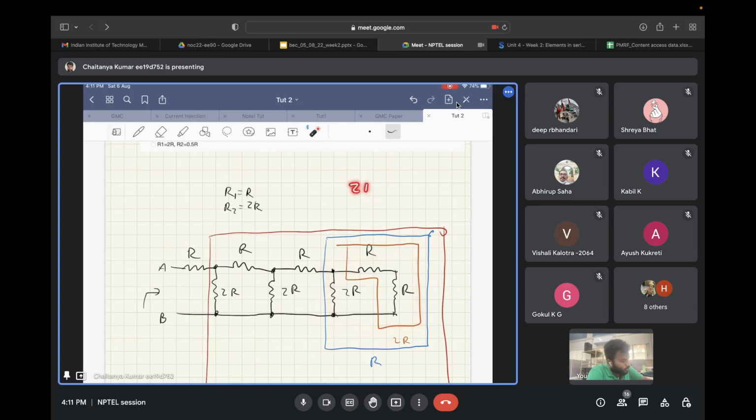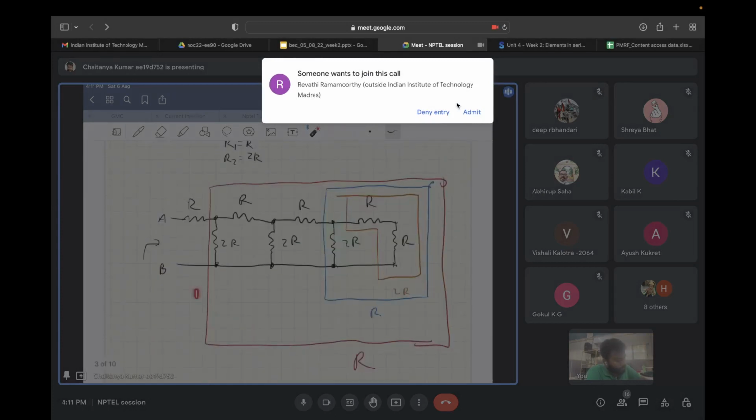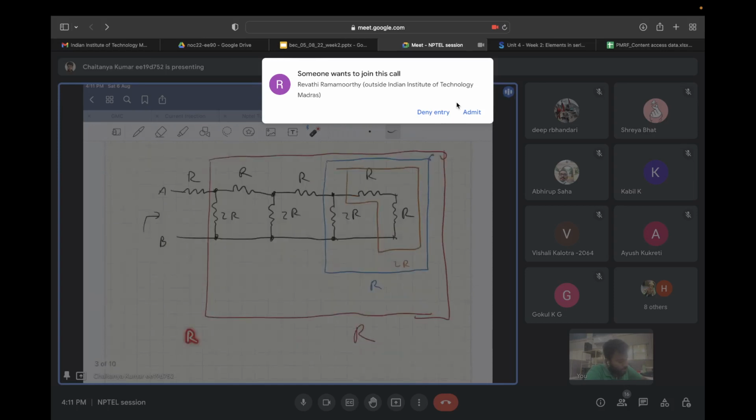So 2R into 2R divided by 4R, so this again becomes R. Now again R and R make 2R. Then again it will become R, and this will keep on repeating till the last point. Here you will get R. So the total equivalent resistance between A and B will be R plus R is equal to 2R.